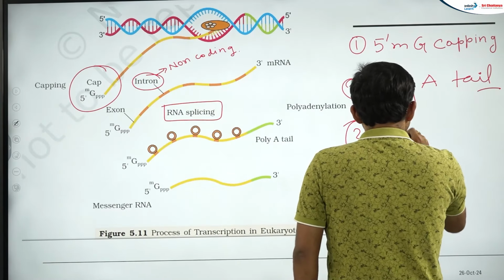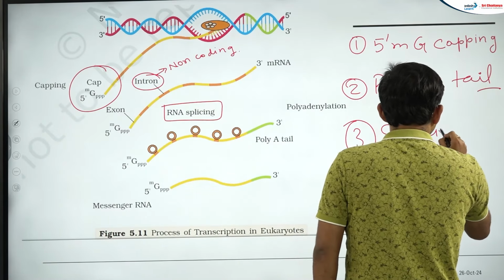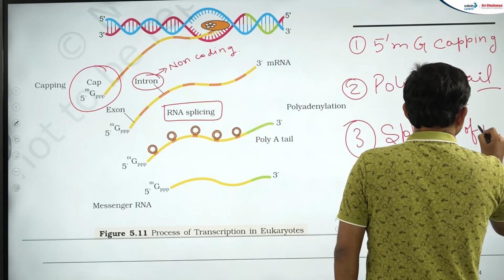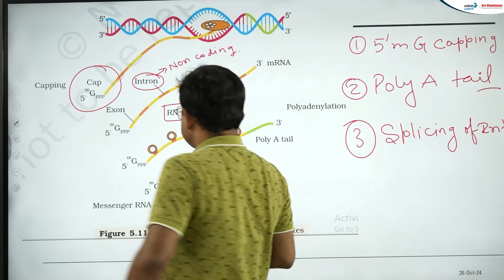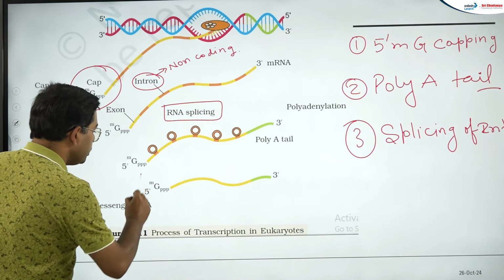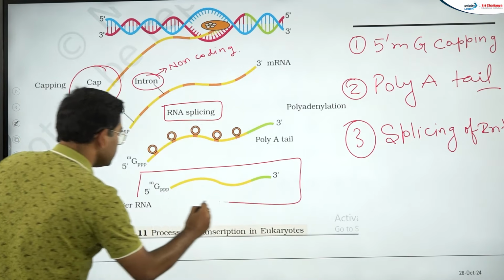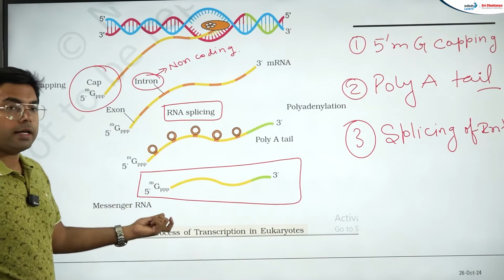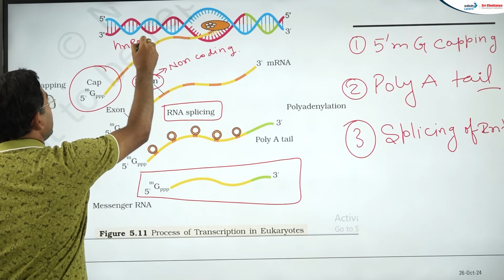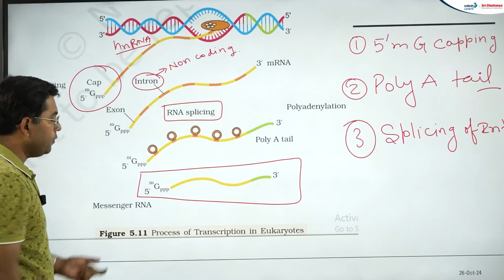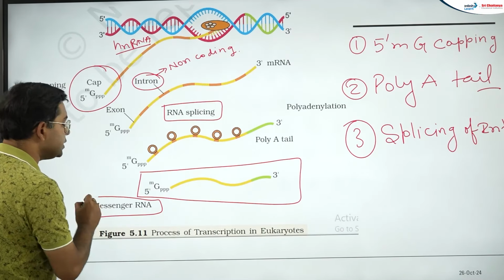We call it splicing of introns. So after all these 3 modifications, you get mRNA. It starts with hnRNA, and after these 3 modifications, it becomes messenger RNA.